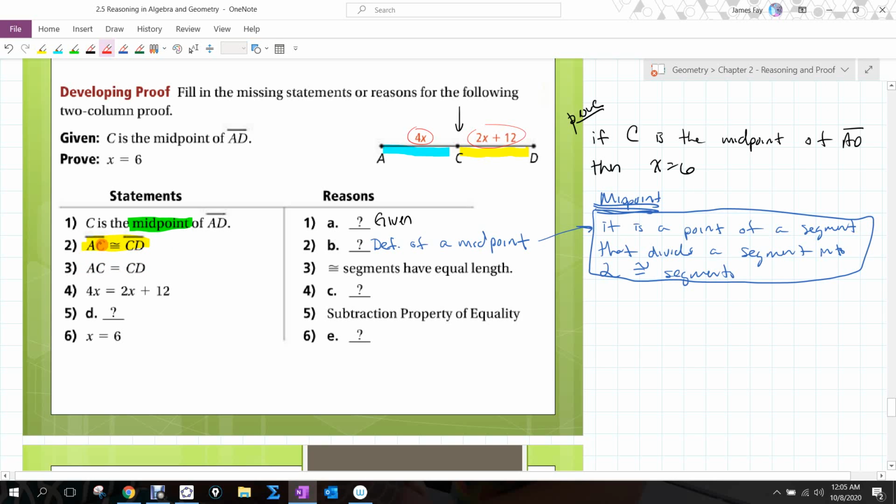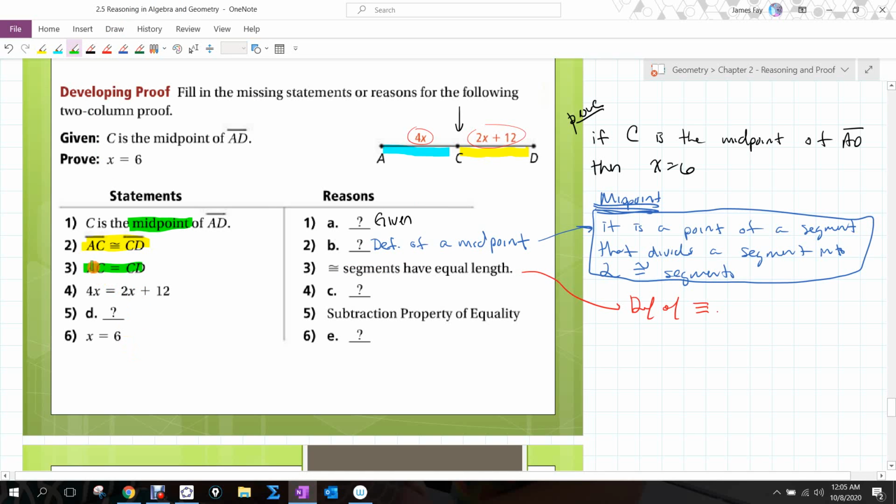So they go from segment AC being congruent to segment CD, and then we say AC is equal to CD. This says congruent segments have equal length. You're going to see that that's a common phrase. You're going to see me write that as the definition of congruency. If you look up congruency in the back of the book, or you look up congruent segments, it's going to say congruent segments have equal length. Okay. So now these are distances.